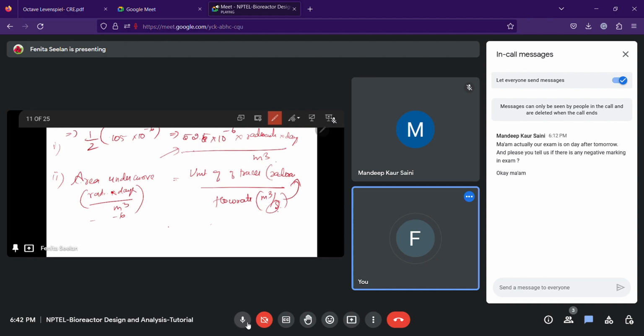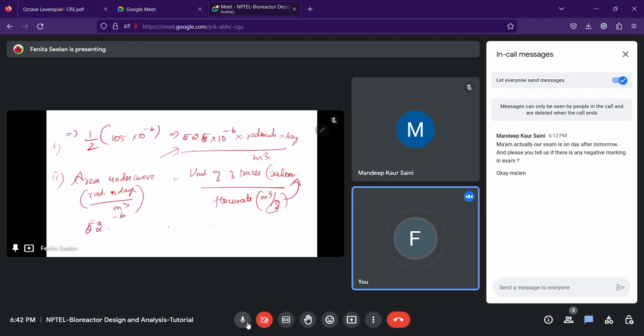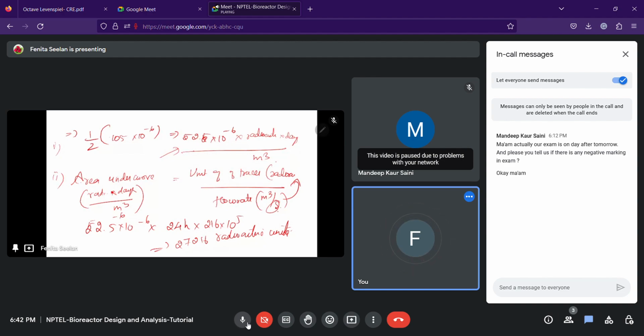So what would be the answer? It would be 52.106 into your flow rate to 24 hours. So this would be the answer for this question.